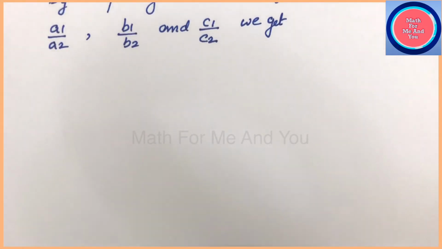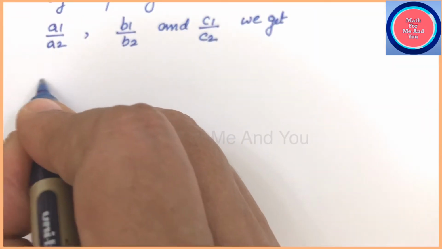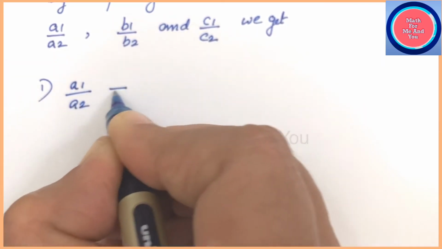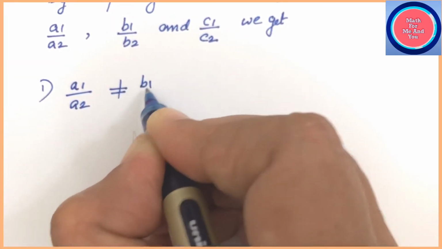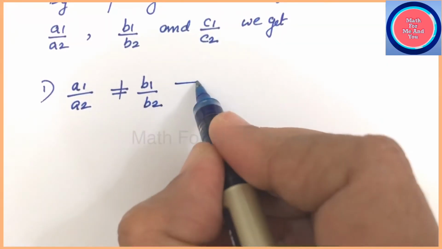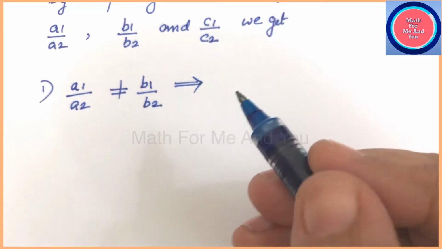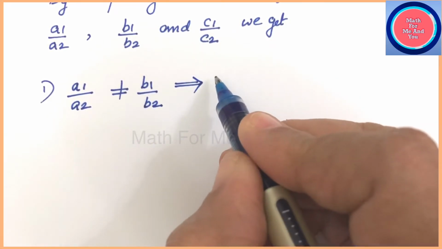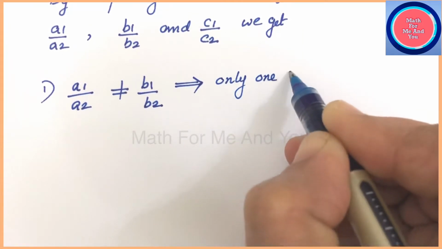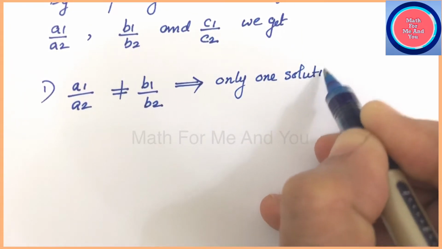First of all, if a1 by a2 is not equal to b1 by b2, that is, the ratio of coefficients of x is not equal to the ratio of coefficients of y, then the pair of linear equations has one common solution. Only one common solution.